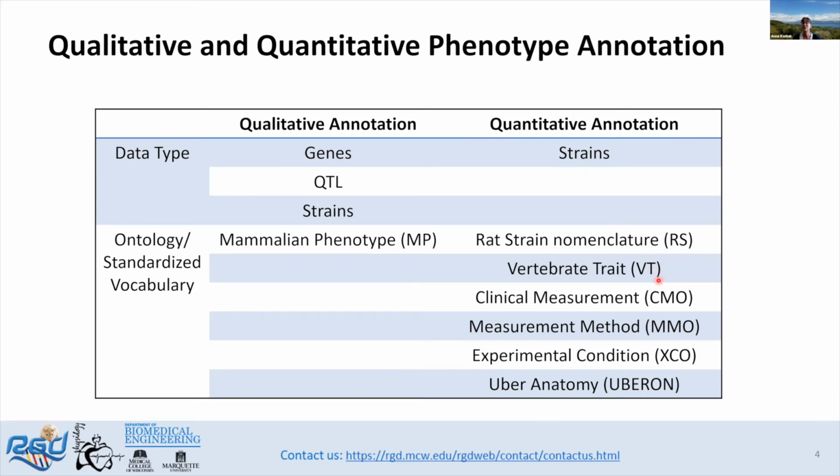To do that, you have to gather additional information, including the actual trait, the measurement being reported, the method of how that measurement is being made, and any external experimental conditions, including tissue sources, cell sources, or other types of experimental conditions.